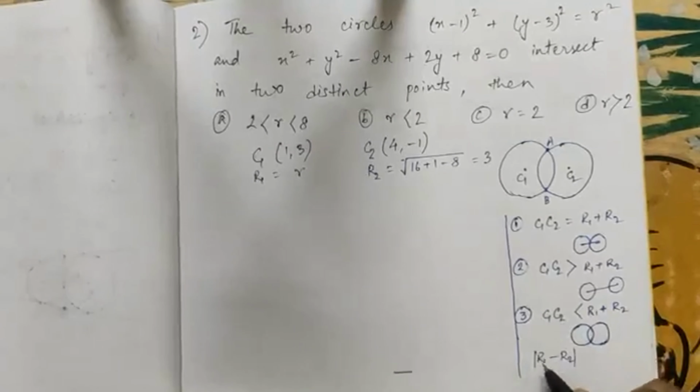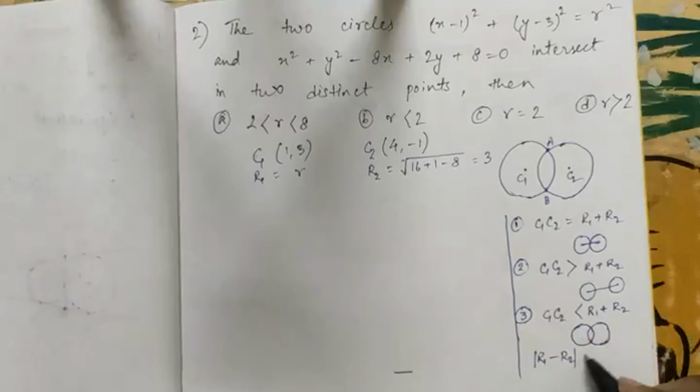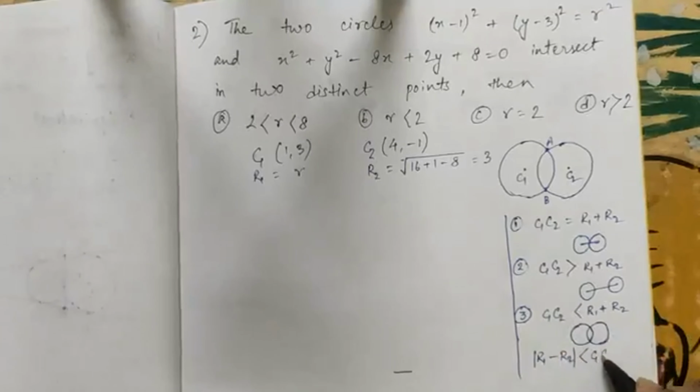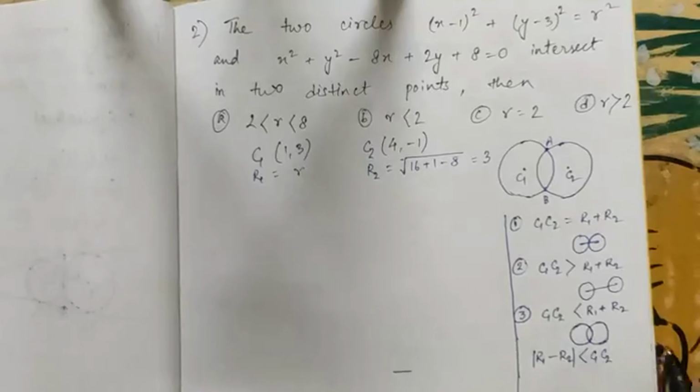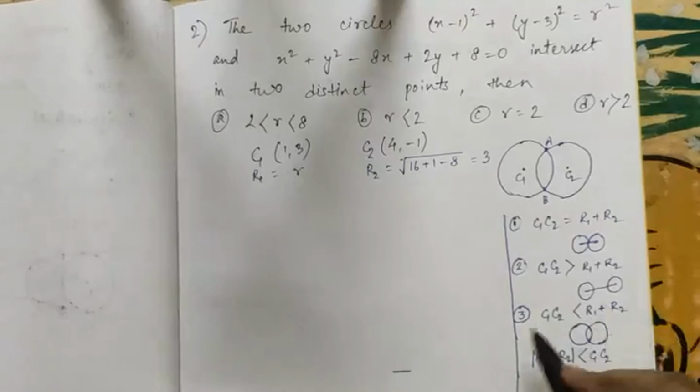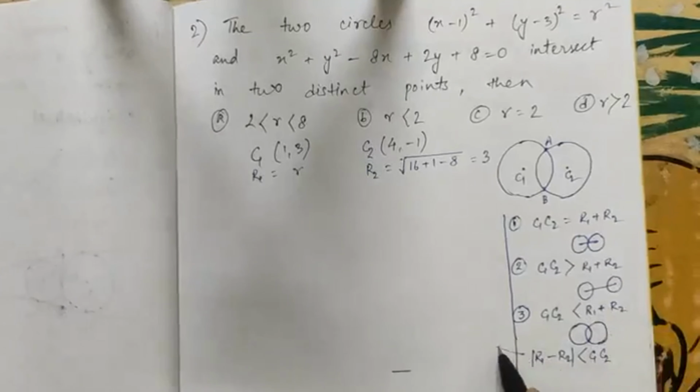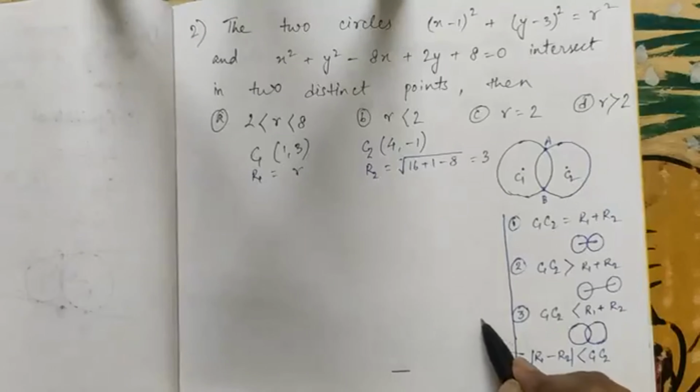If this value is less than C1C2, then what will be the condition? Then the circle can lie inside another circle. Am I clear?